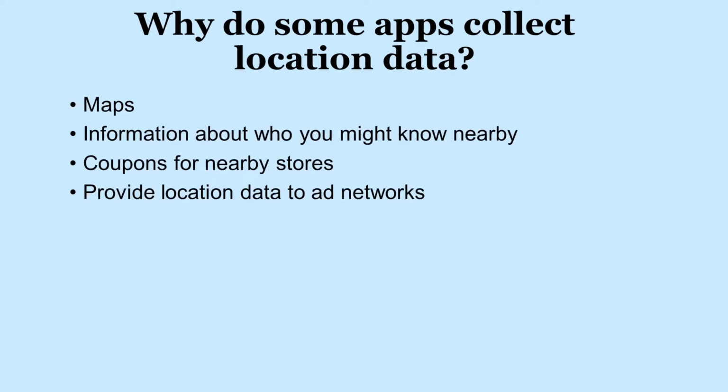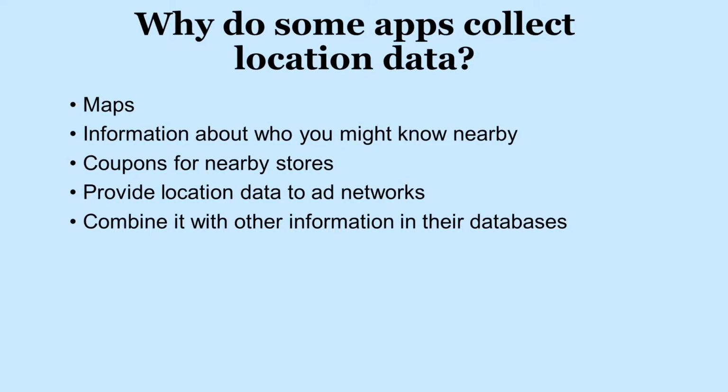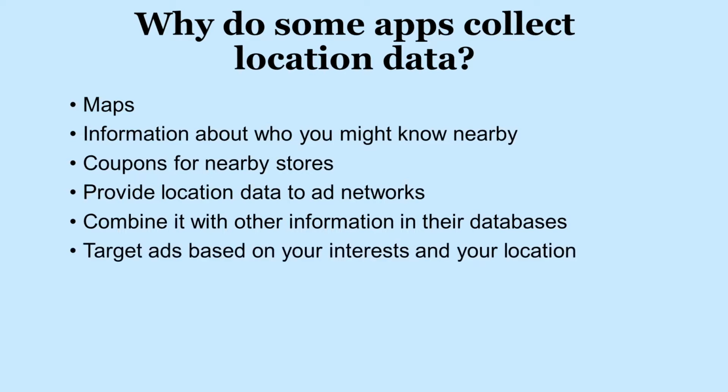Remember, all your devices, particularly your phones and tablets, contain GPS information. Then they combine it with other information from their other databases, and then they target ads based on your interest and your location. Some will actually allow you to choose just general ads, no ads, or maybe ads about things that you're interested in.